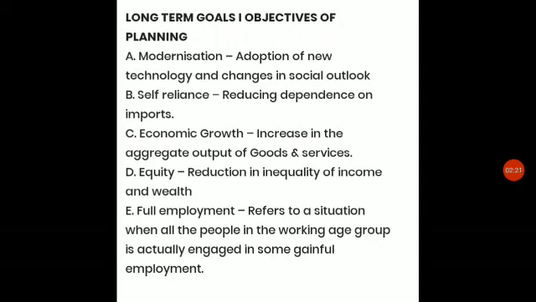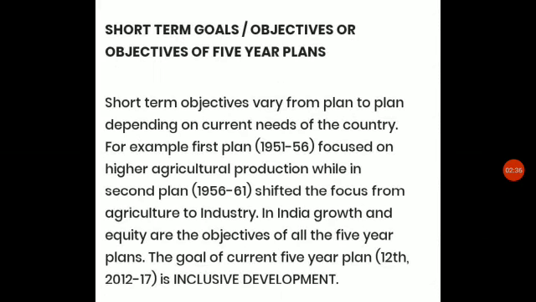Full employment. It refers to a situation in which all the people in the working age group are engaged in some productive activities to earn their livelihood. Short-term objectives refer to the current or existing needs of the economy, basically focusing on the present requirement.